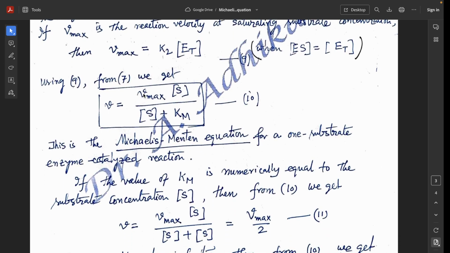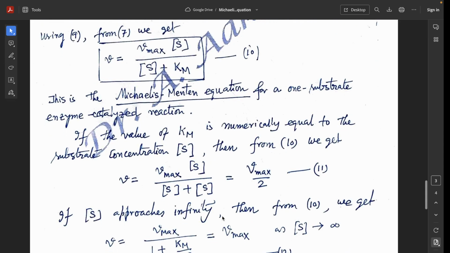Now, if Km is numerically equal to the concentration of S, then putting Km equal to the concentration of S, we get Vmax by 2. So when Km equals the concentration of S, V is equal to Vmax by 2.